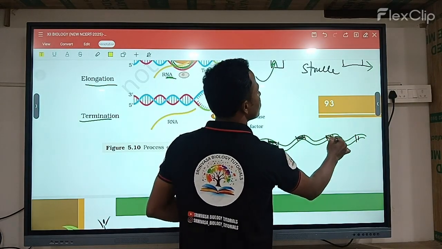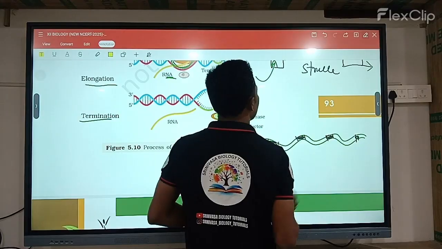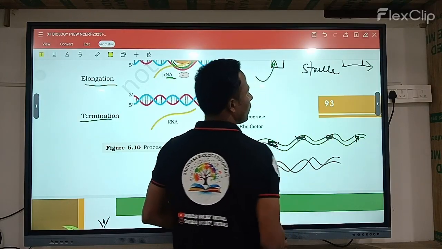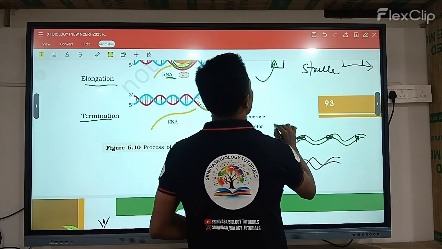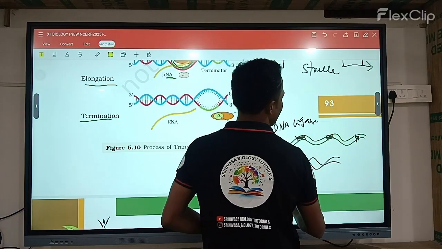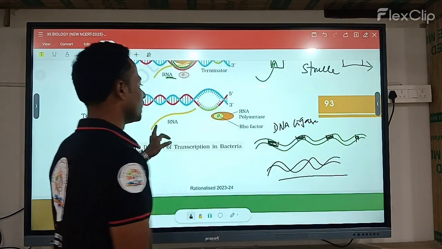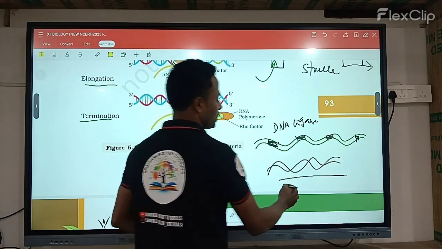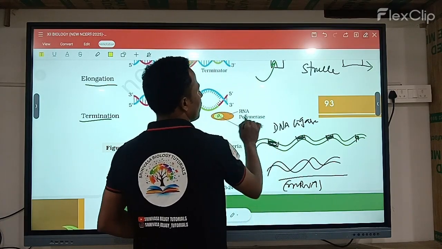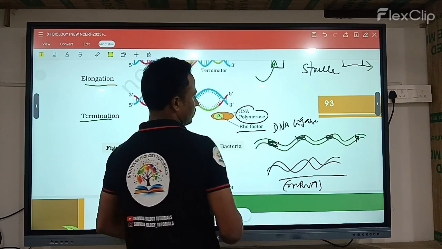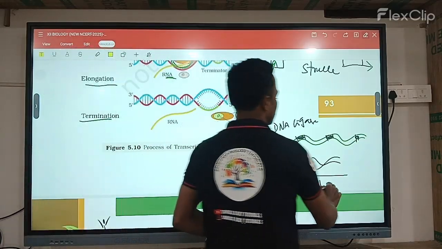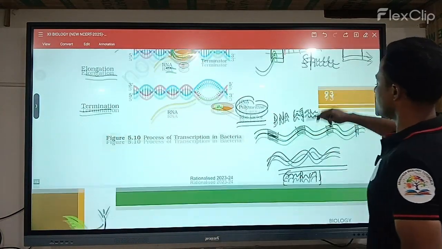So these exons get bound with the help of the DNA ligase enzyme to form the mature mRNA, and then the RNA polymerase rho factor, called the rho factor. That is the process of splicing we discussed in the last class.